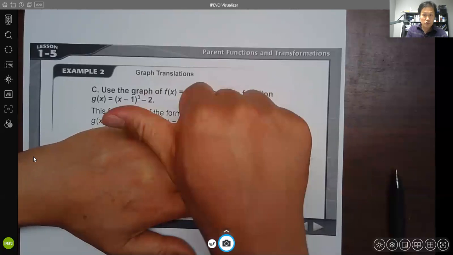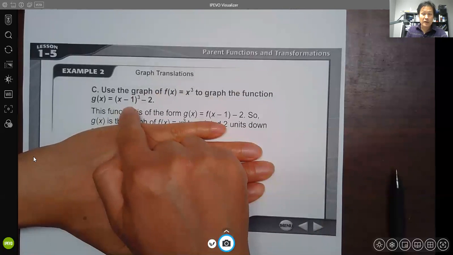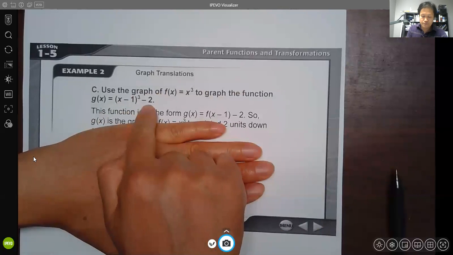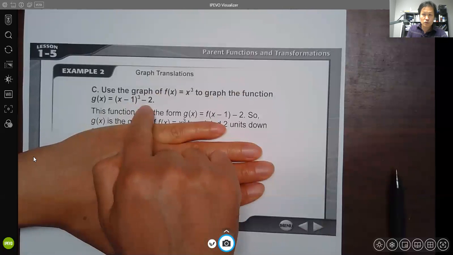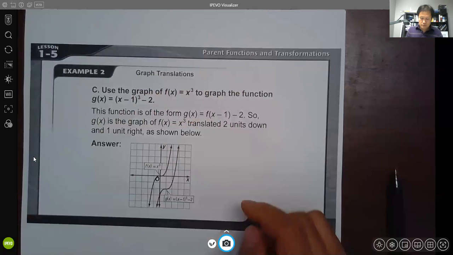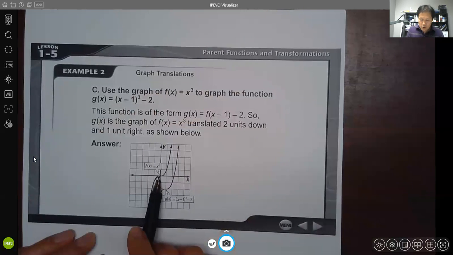Minus 1, shouldn't you go to the left by 1? Do you remember x is a weirdo? Minus 1, you gotta go right by 1. Okay, minus 2. X can see minus 2? No. So you should go down by 2. So from here, you go right by 1, down by 2. So that's the point. You go right by 1, up by 1, left by 1, up by 1. That's how you do the graph.